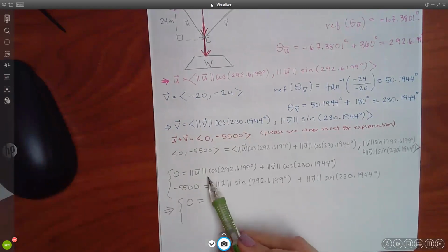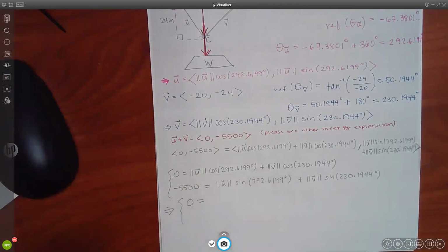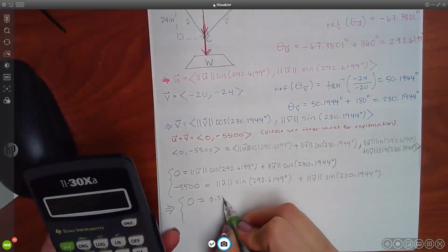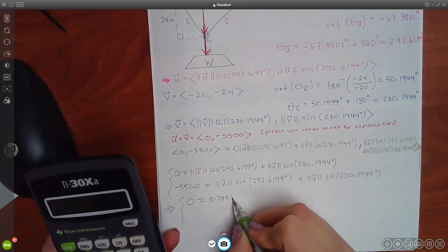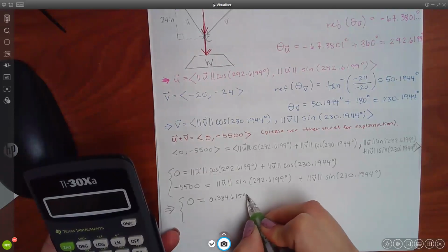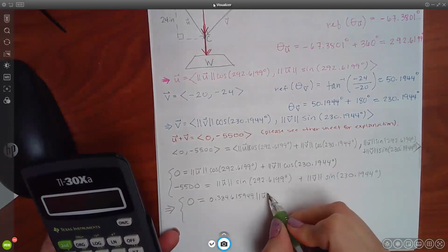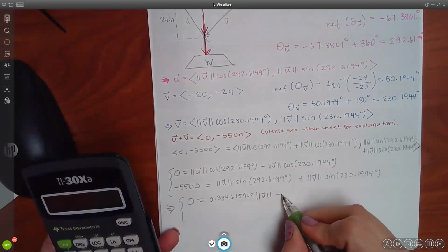So I'm gonna go figure out this number. 292.6199, and I'm gonna take the cosine. I get 0.384615949, and that's gonna get multiplied by that magnitude of U.